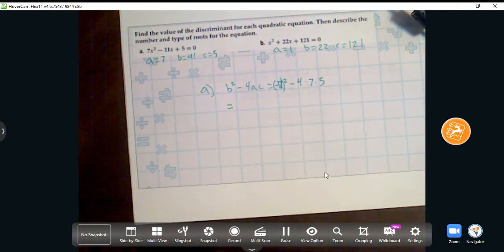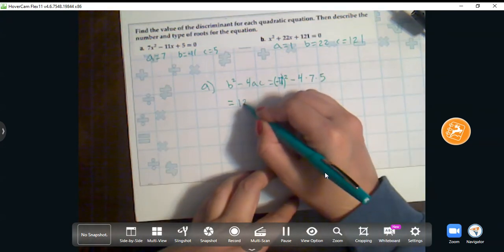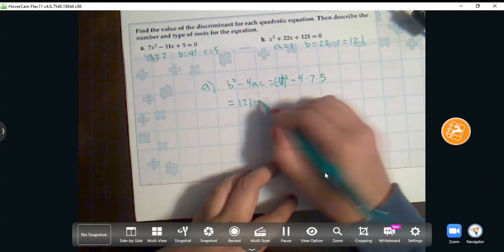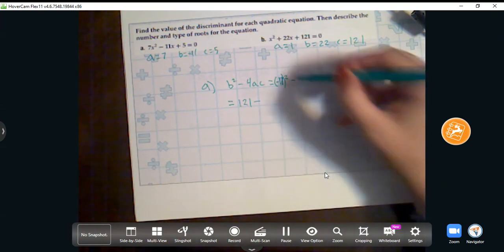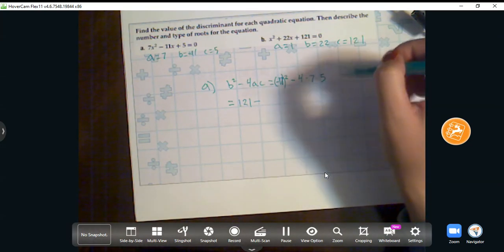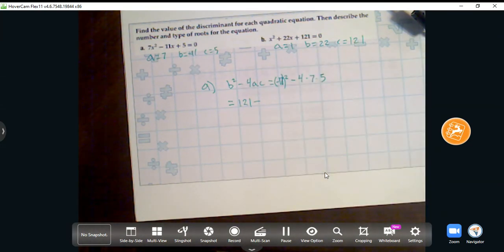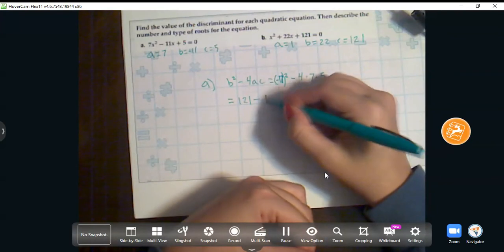So negative 11 squared is going to give us 121, minus 4 times 5 would give us 20, and then 20 times 7 would give us 140.